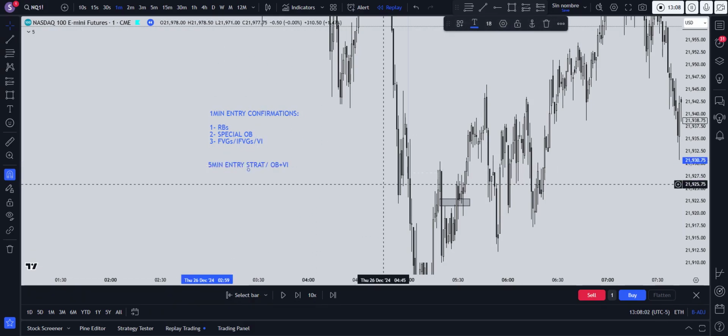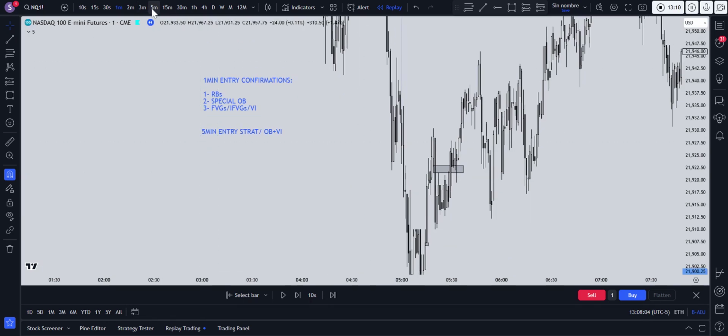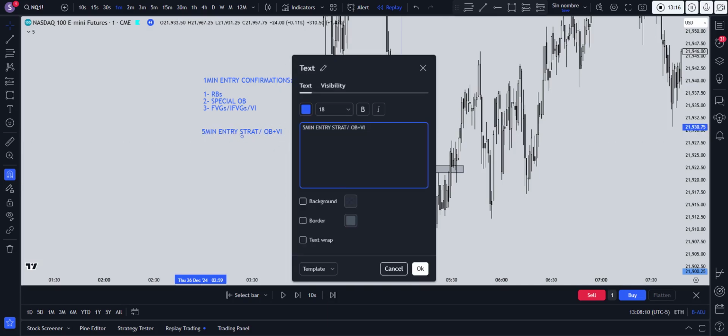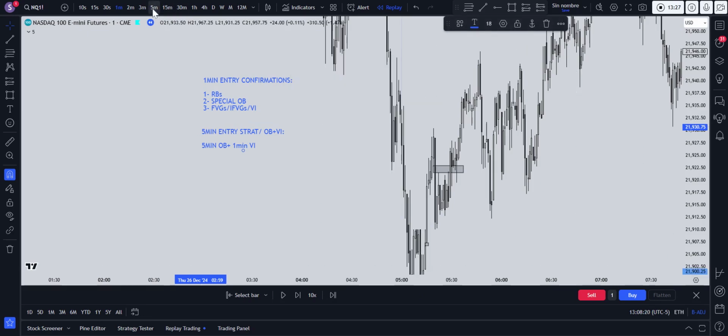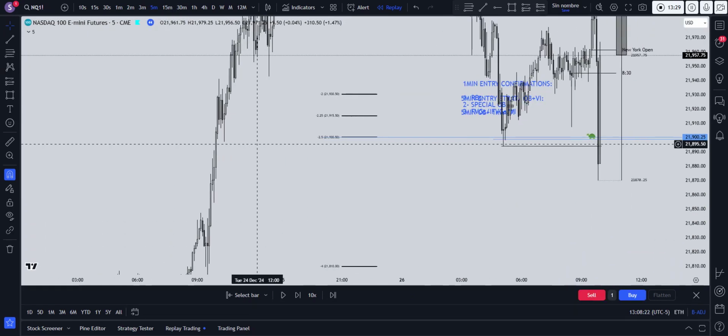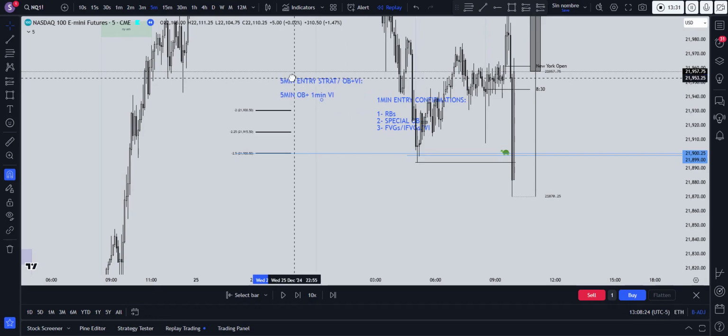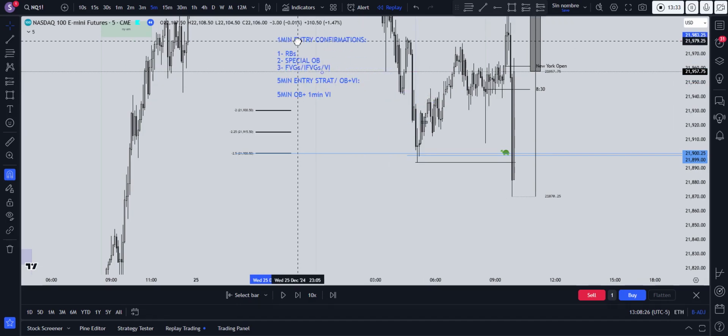The strat is going to be a 5 minute order block mixed with a 1 minute volume imbalance. So let's see if we got any examples here. Oh shit, this looks disgusting. Okay, let me put it there.